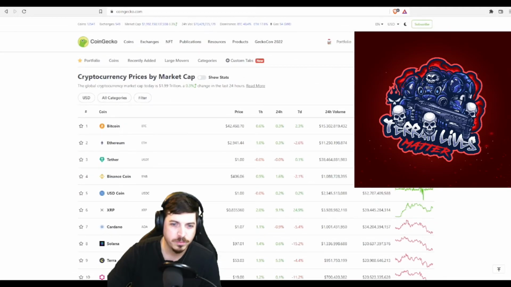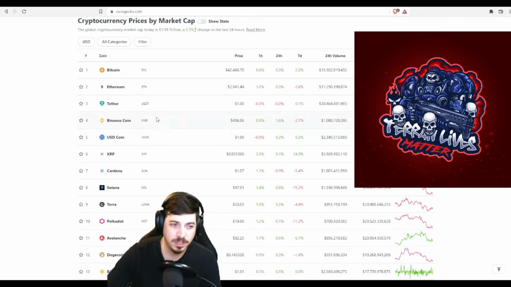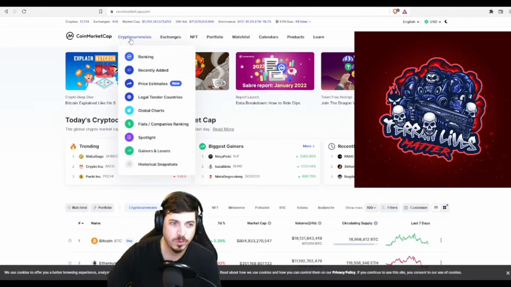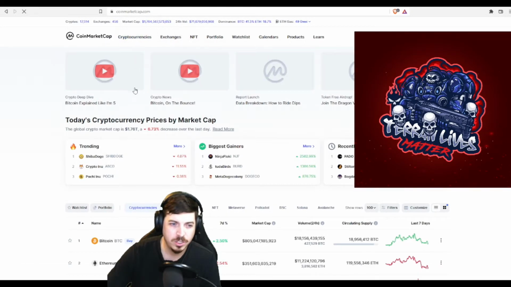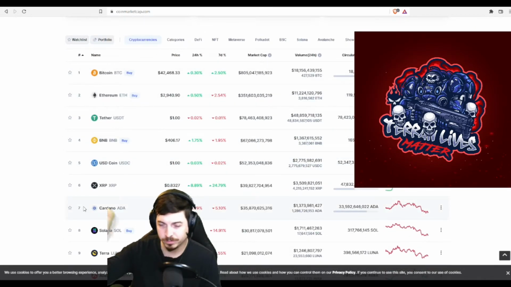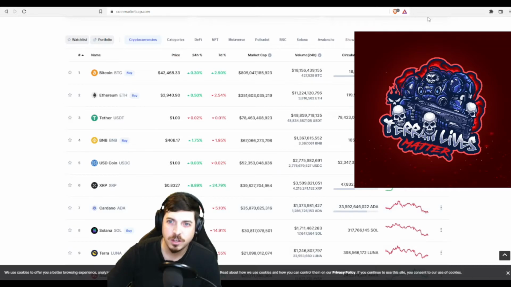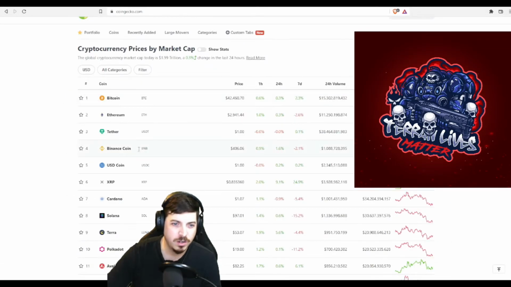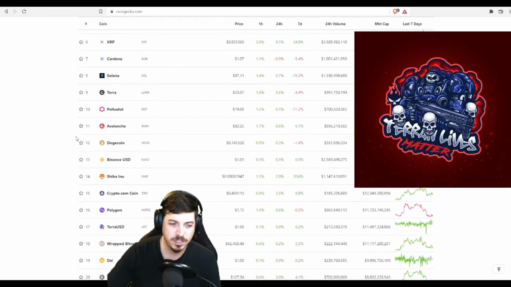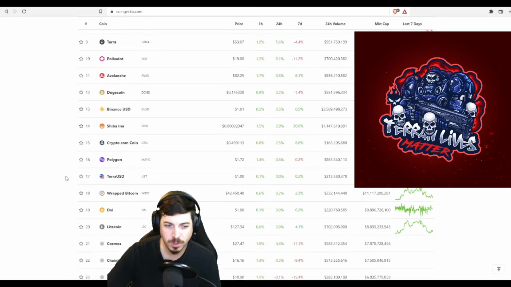So one thing to keep in mind is that these market caps and the way these two websites, CoinGecko and CoinMarketCap, rank each of the cryptocurrencies from 1 to thousands, or millions, however many there are now. The lower the number, the better, safer investment the coin is, most likely.